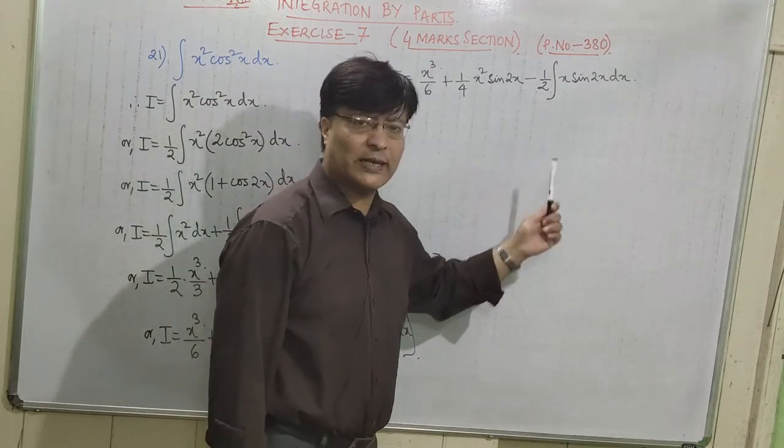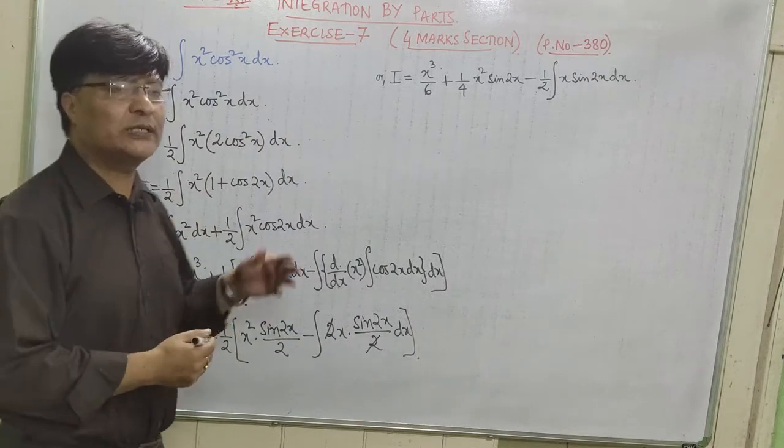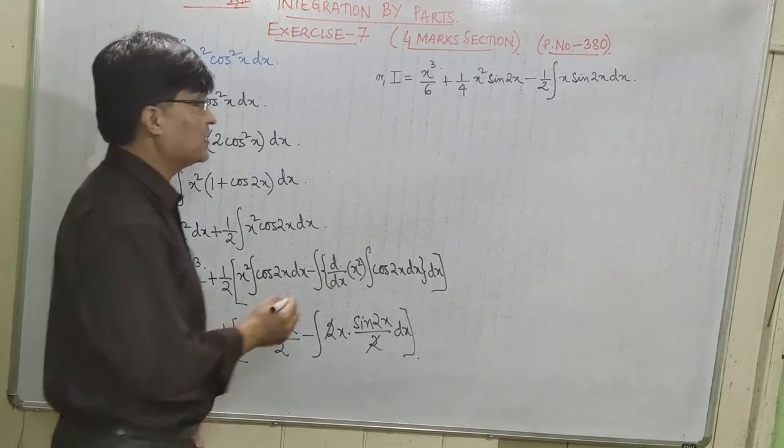So again, this is integration of the product of two different functions. x is an algebraic function and sine 2x is a trigonometric function. Here also x is the first function and sine 2x is the second function. Again, you have to use integration by parts in this case.